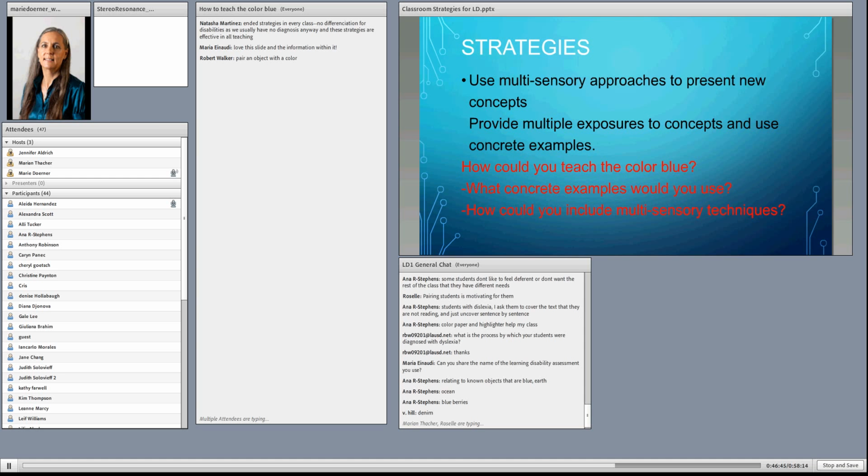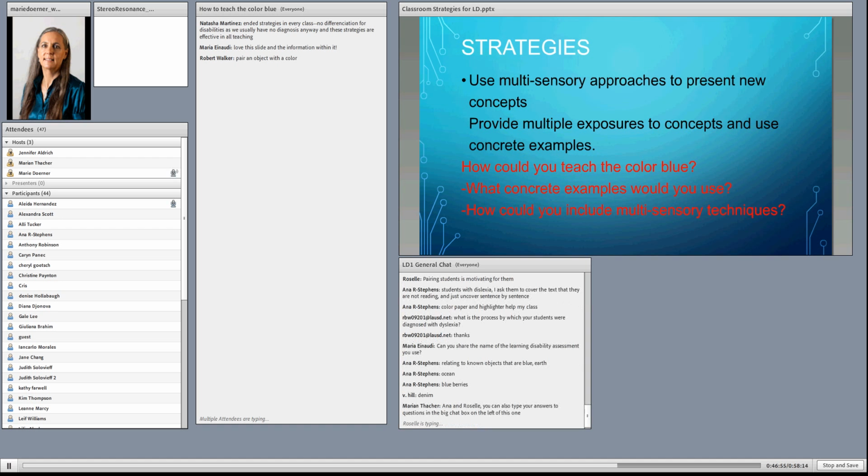One thing, you could use authentic instruction. Look around you and see what kind of things are blue, like the blue earth, the blueberries, denim. Look at what people are wearing.